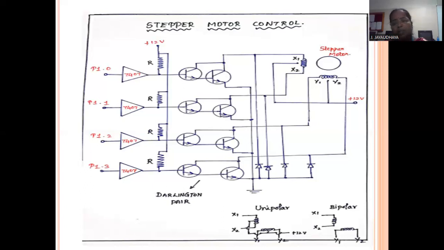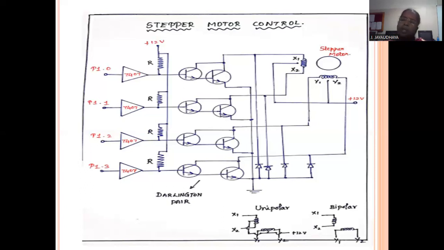The next important thing in the stepper motor is that we have 2 configurations: one is unipolar configuration, another one is bipolar configuration. What is the difference between these 2 configurations? In the bipolar, there is no common wire. But in the unipolar, we have a common wire. We use unipolar for ease of use, so we can easily access the unipolar device.